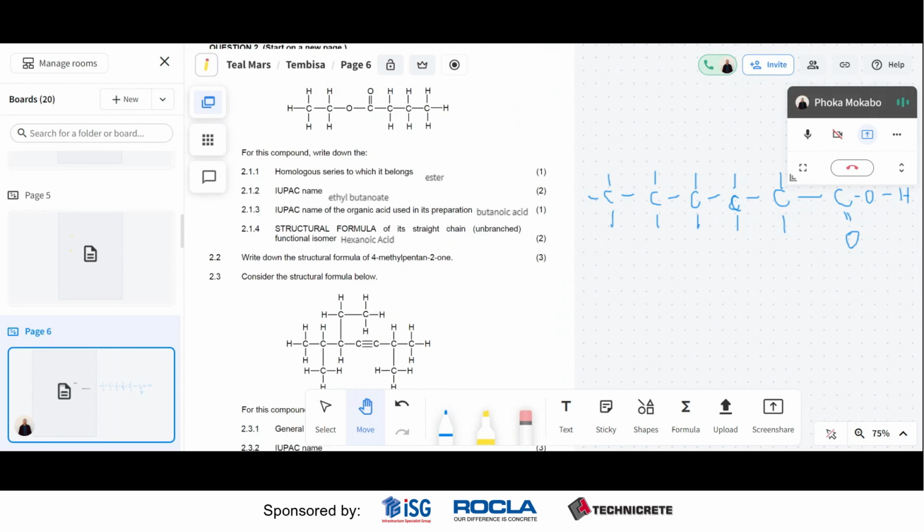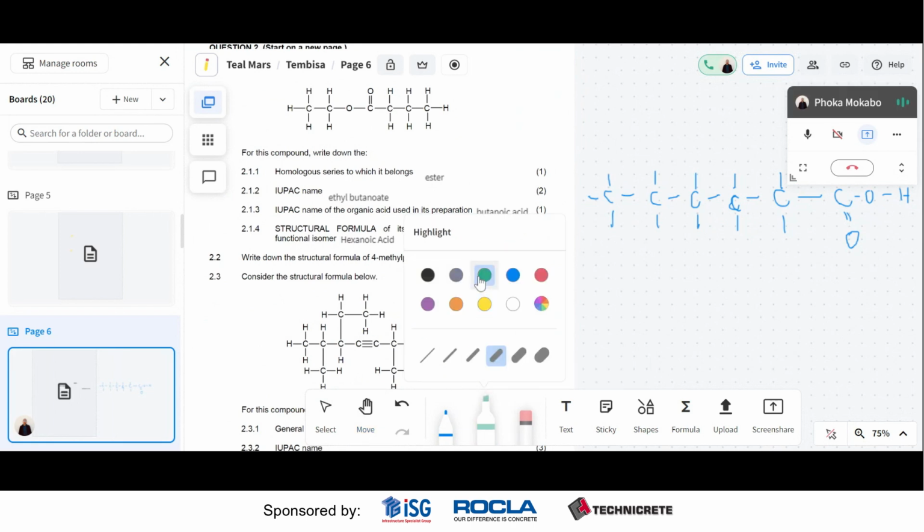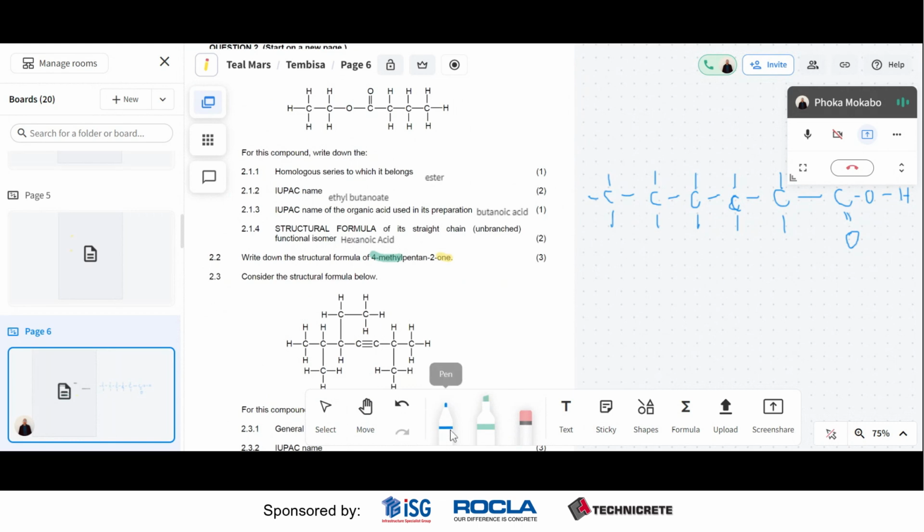Okay, no problem. First of all, let's just dissect the word that they have here. At the end, they have "one", so we're looking at a ketone. The other thing to note is that there is a methyl bonded in position 4.